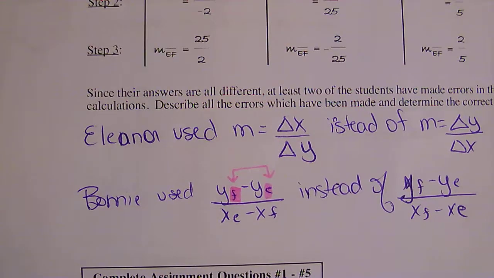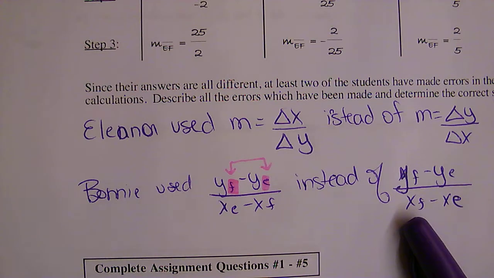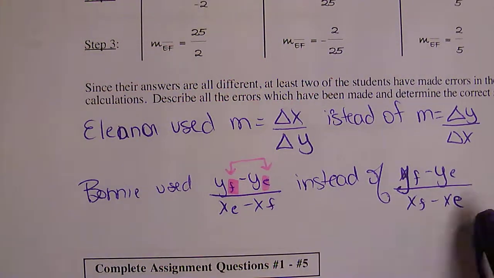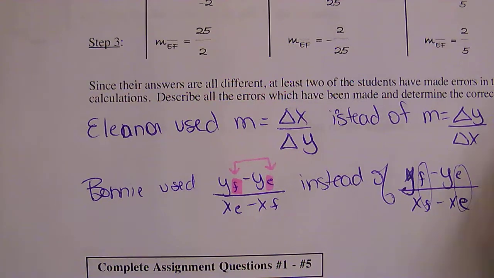You would have to switch those. You could also just switch the bottom ones, which I guess is what I showed over here. But either way, as long as they're the same, f's over f's, e's over e's, or what have you.